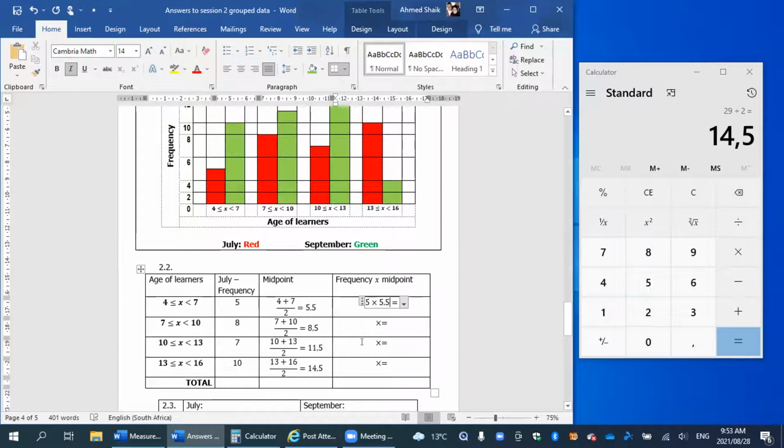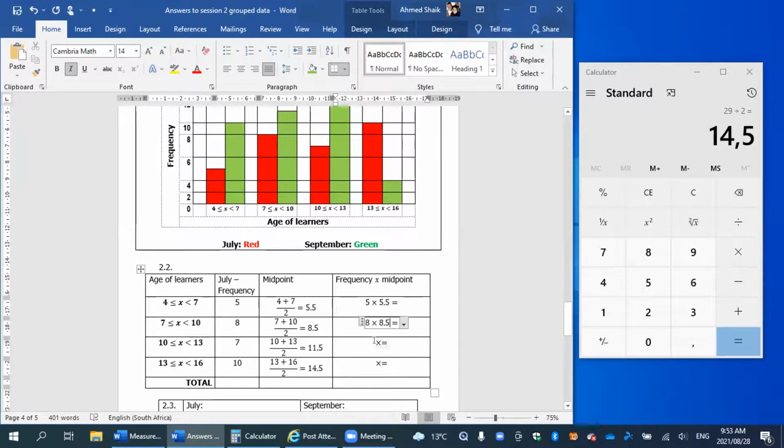Again, let's input all our values and we can work out our answers afterward. Our frequency for the second interval, we had 8, and we have a midpoint of 8,5.